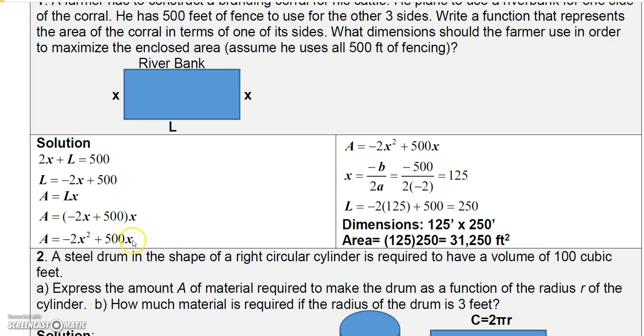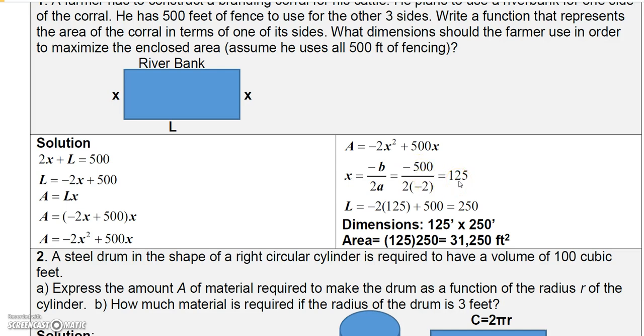Okay, so now we're going to find the value for X that maximizes this function. You can see it's a quadratic function and it opens down, so therefore it's going to have a maximum. So to find the maximum, we just use our vertex formula. X equals minus b over 2a, so we have minus 500 over 2 times negative 2, and that's going to give us 125.